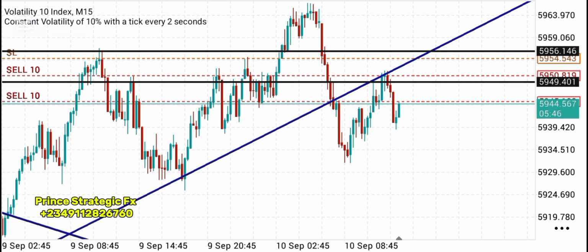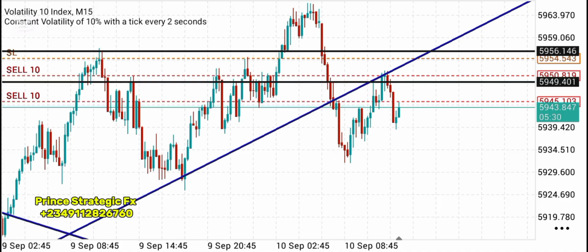So I quickly went back there and took another sell, because I know very well that price has officially broken our trend line, and it has retested on our close of the previous day. And the next thing it is going to do is react to this trade. It is going to drop all the way down.